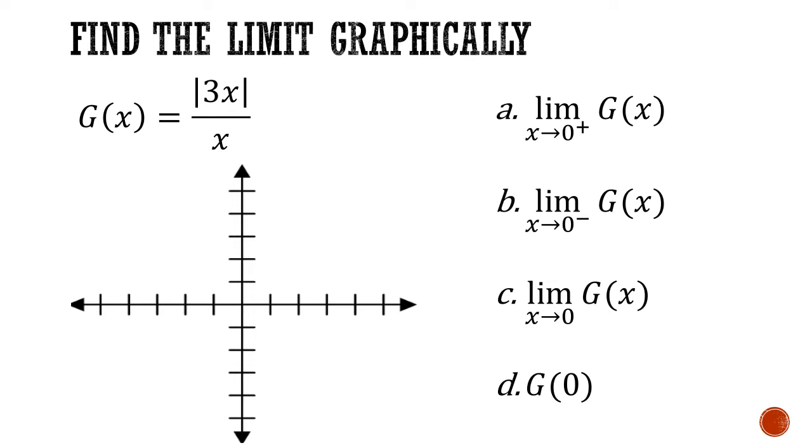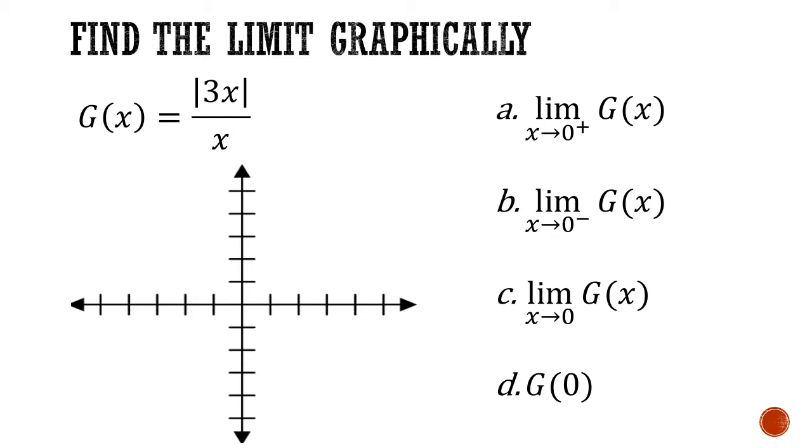So absolute value of 3x, that means that this numerator could be 3x or it could be negative 3x. So you could write this as a piecewise function like we did in Unit 1.